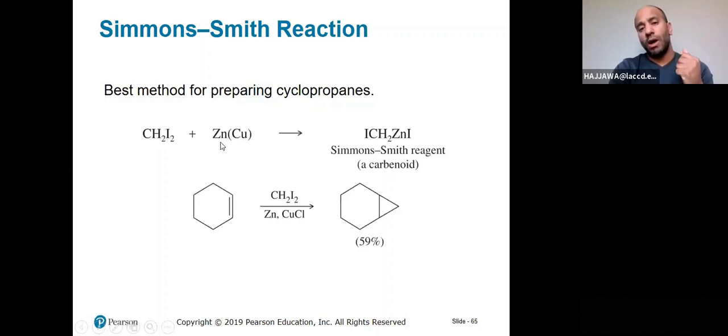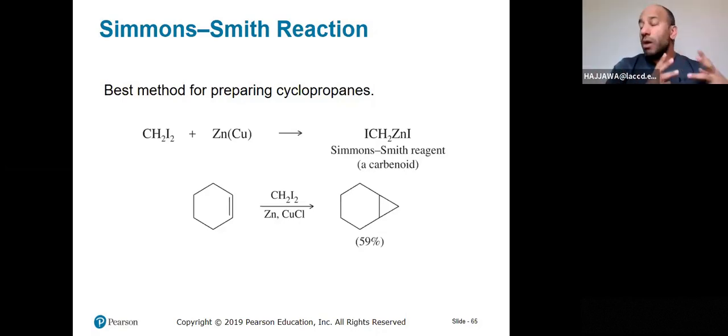So this step gives me the reagent required for the cyclopropane formation. This alkene, once it sees the ICH2ZnI, ends up making a cyclopropane-containing compound. So whether I use the diazomethane or the Simmons-Smith conditions, I'm going to end up with the exact same structure.